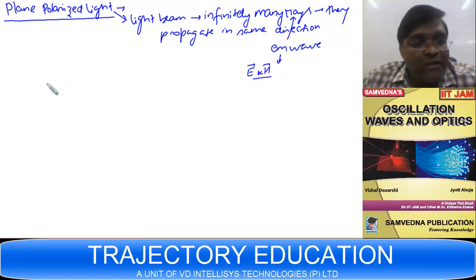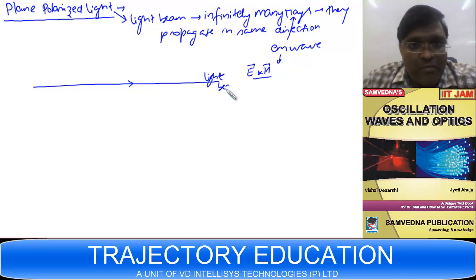Now, suppose light is propagating in this direction, which means you have different beams of light, different rays of light. This is a light beam, and this beam will consist of infinitely many rays, and these rays are all propagating in one direction, forming a light beam.